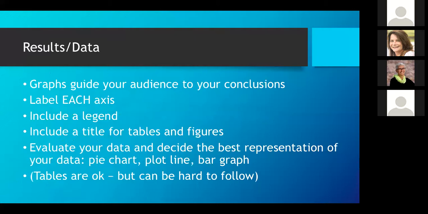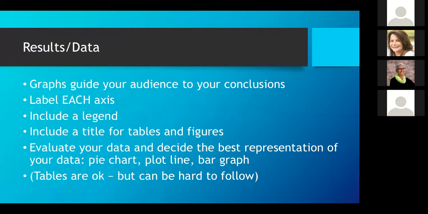Another thing that is hard for kids is that they need to look at their data and decide what's the best way to present this data. A line graph or a pie chart or a bar graph, they really need to decide what's going to make sense to their data.